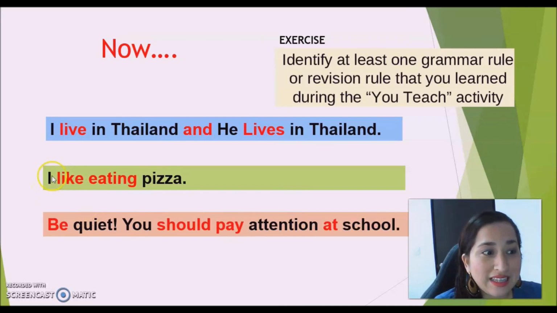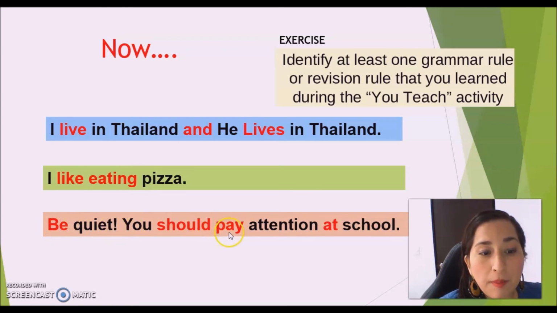The second sentence, I like eating pizza. In this case, we have two different verbs. I like, remember, the second verb goes to the ing form. I like eating pizza. And finally, sentence number 3. Be quiet.